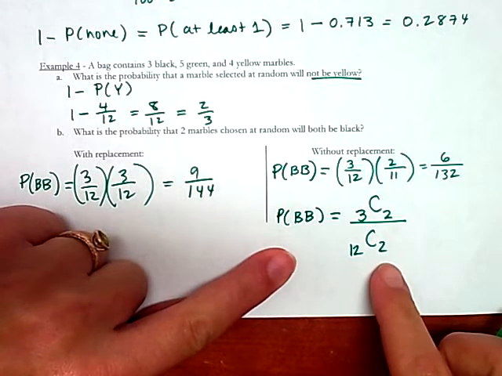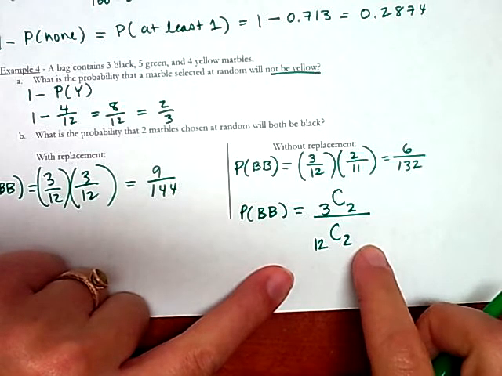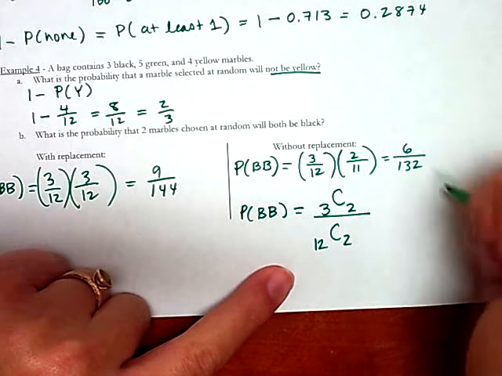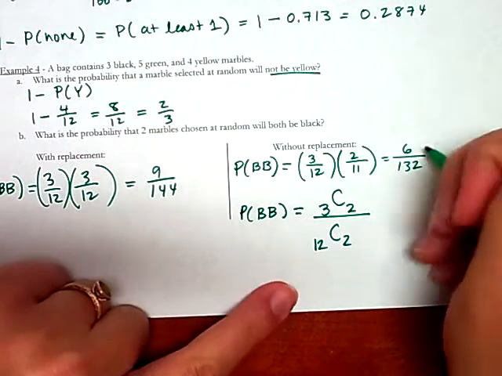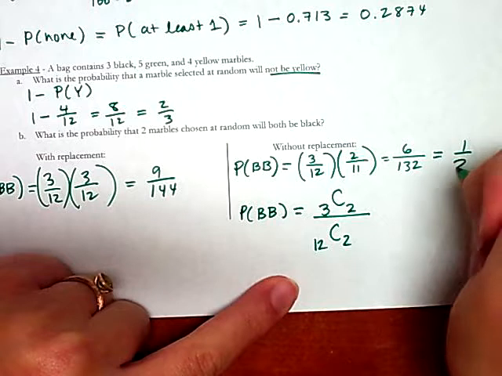If you do this out, you could either crunch the formulas or plug this into your calculator. You should get the exact same fraction, and you do. And obviously this can be simplified. So 6 goes into 132, so this becomes 1/22.